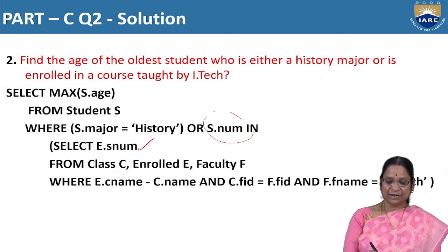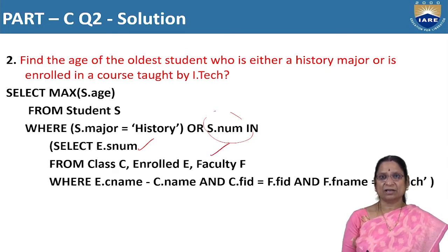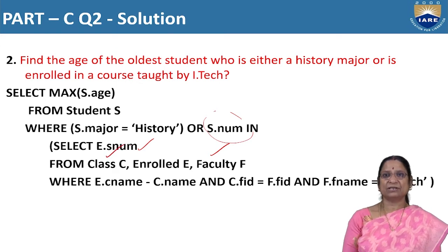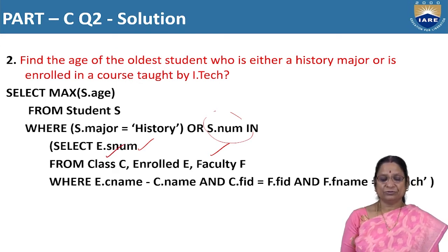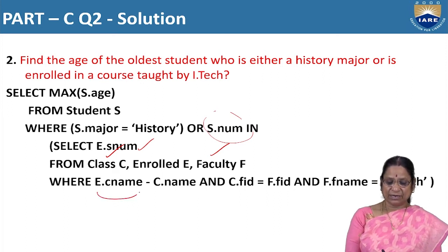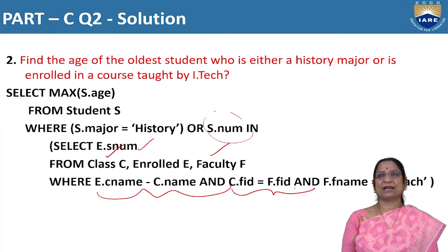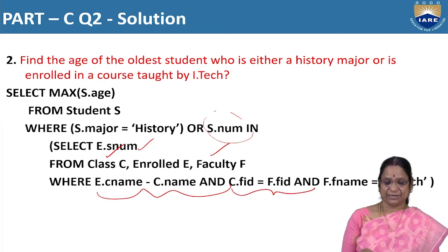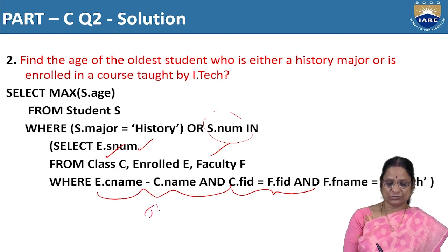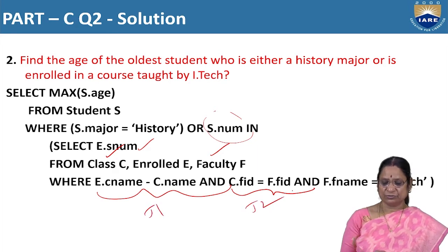So that means enrolled gives, faculty gives the faculty name filtration, and the class gives the combination or joining of these two. So that's why three relations are there, where enrolled class name is equivalent to C, that is class name of class, and faculty ID is equivalent to the faculty ID. Two join conditions: join condition 1, join condition 2.